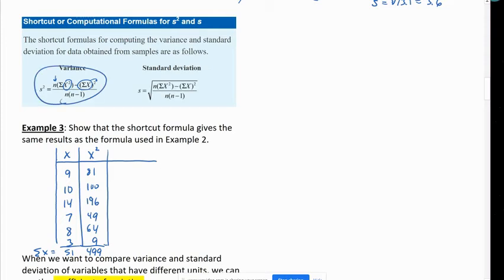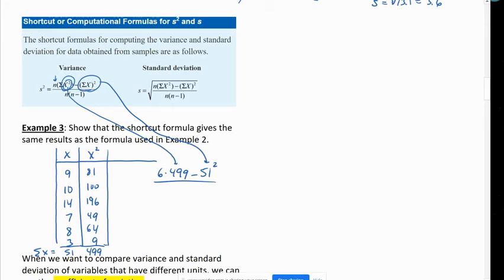So I have n, which is in this case 6. So I'm going to do 6 times, it says the sum of x squared. So 6 times 499 minus 51 squared. So that's the sum of all the x's squared from this part of our table. So that goes there, that goes there. Then we're dividing by n minus 1.